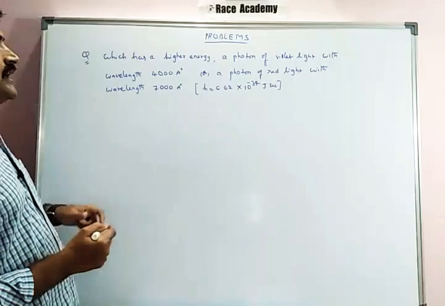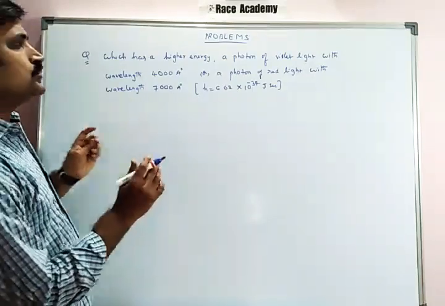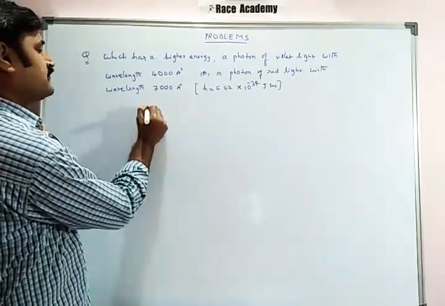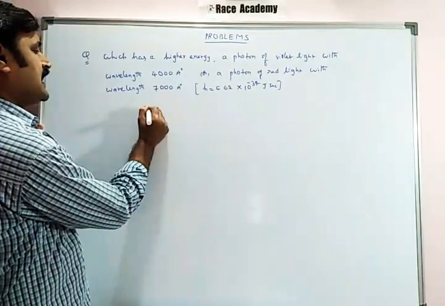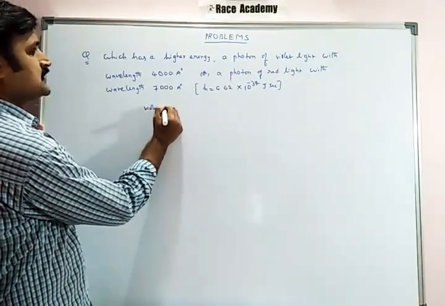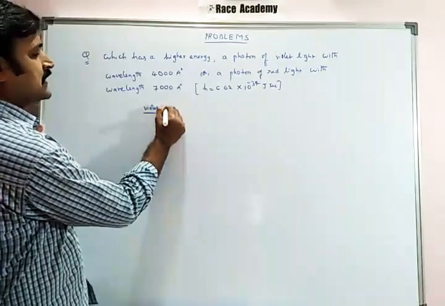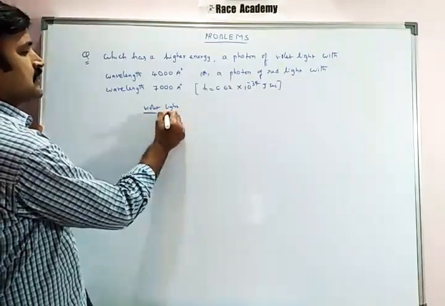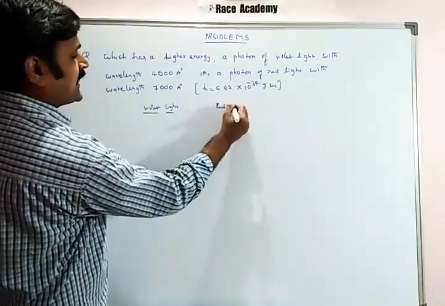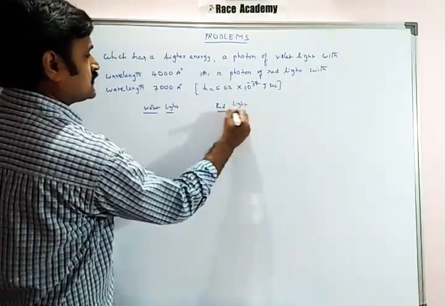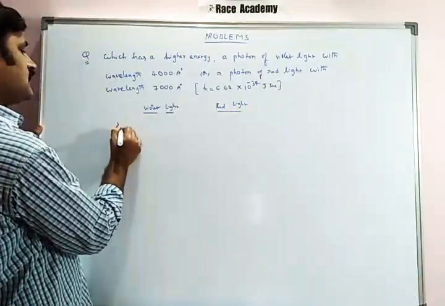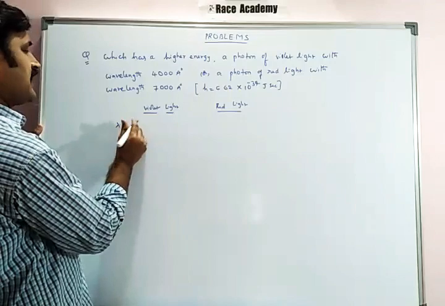Here they are given two different wavelengths of different lights, that is, we have to take violet light and we have to take red light. This is the lambda 1 value.